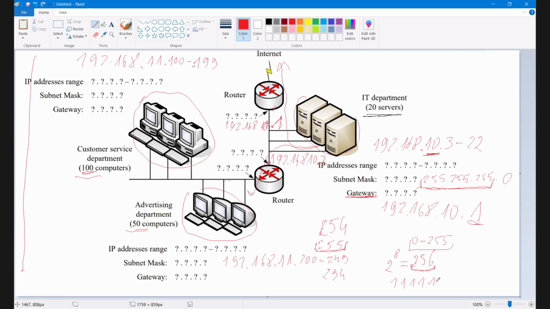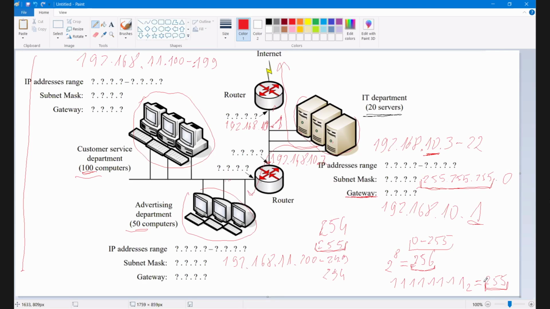If we have all ones here, because one part is 8 bits, 8 bits gives 255. It's the final number. Okay, so it is clear. Perfect, sir. Thank you very much.